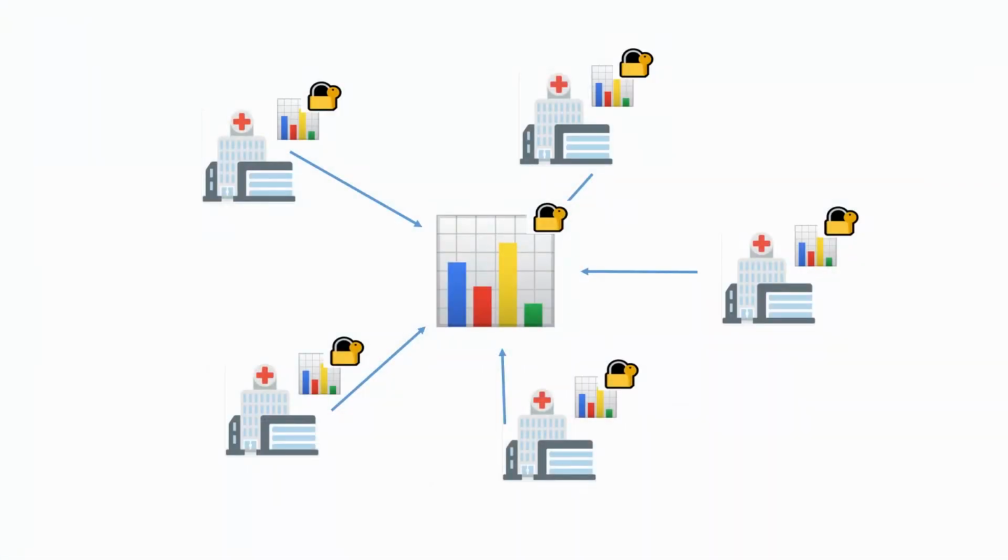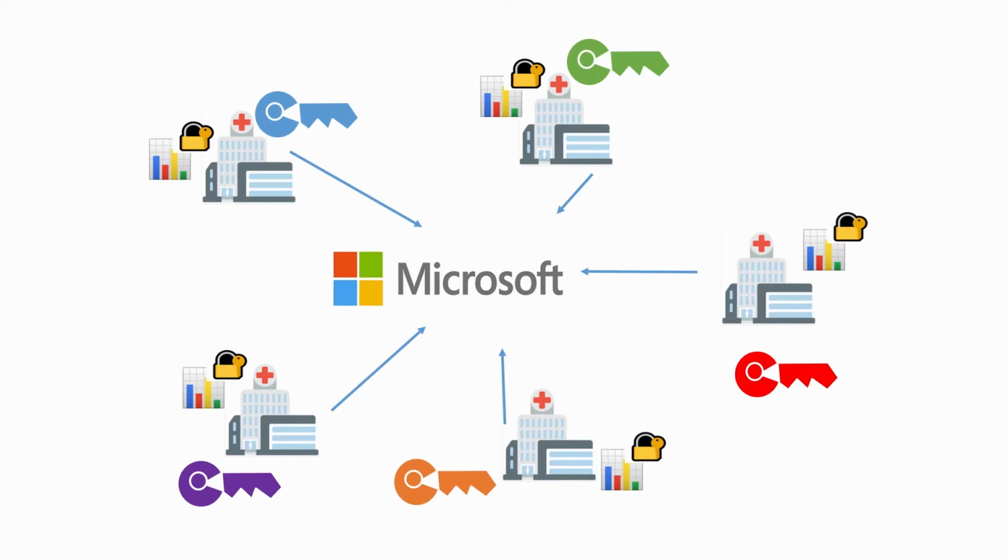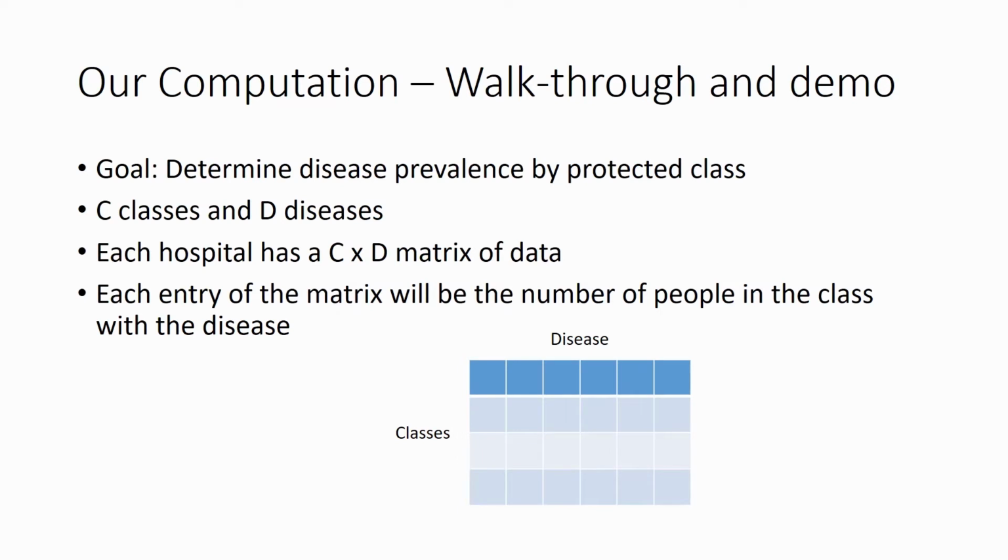Once they have this shared public key, they can all encrypt their data and send it to some central server. The central server then computes the result, and then they all use their piece of the shared secret key to run this distributed decryption process. So we have a short demo. The goal of this demo is to determine the disease prevalence by protected class.